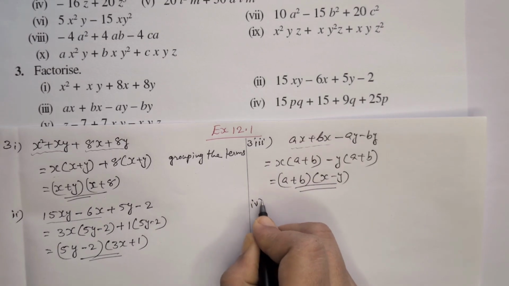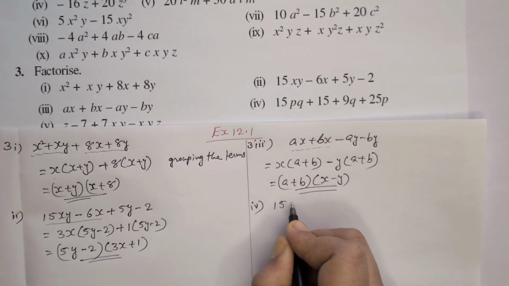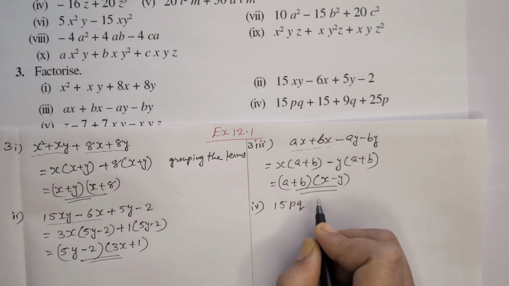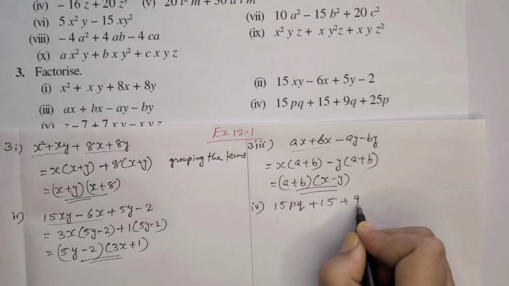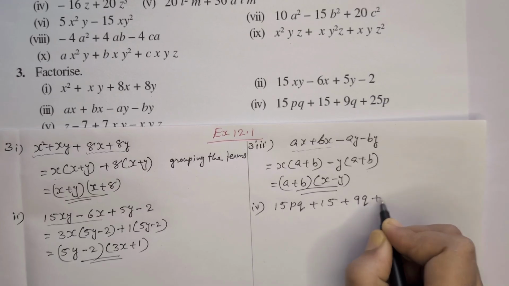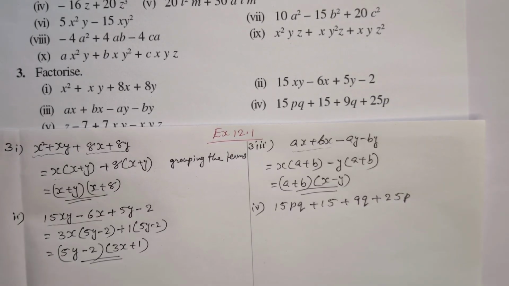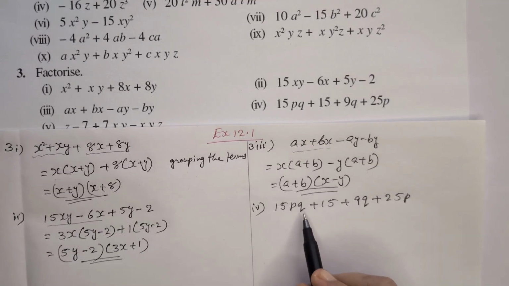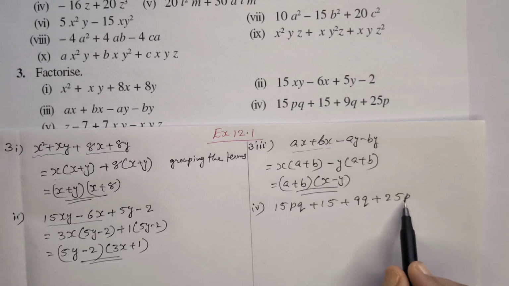Now the fourth one, 15pq plus 15 plus 9q plus 25p. Here in this expression we have to rearrange: 15pq, here just 15, here 9q, 25p.